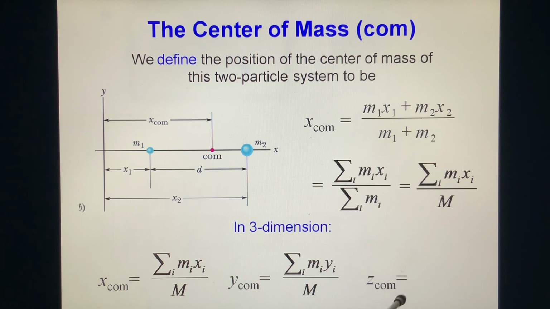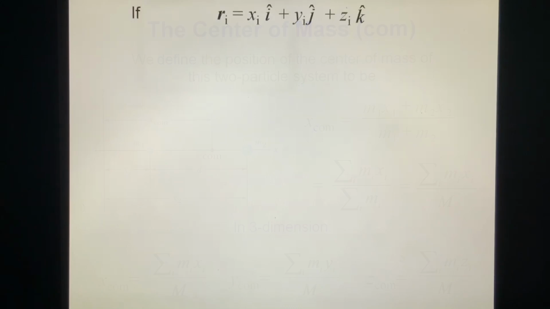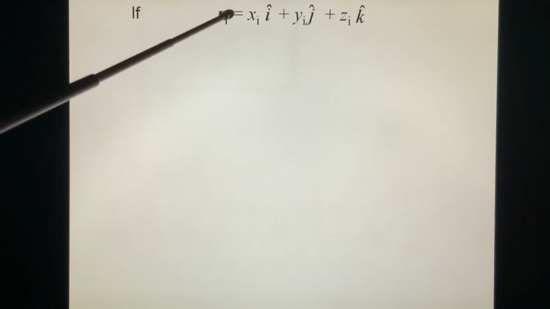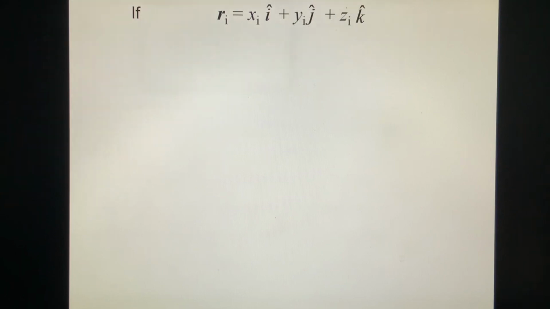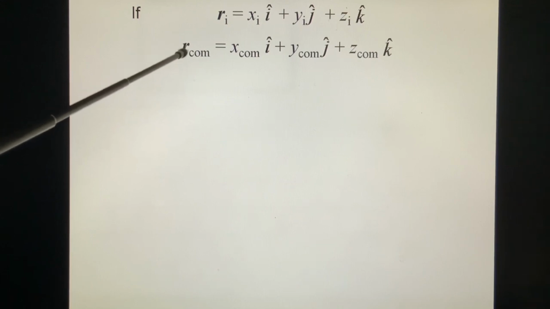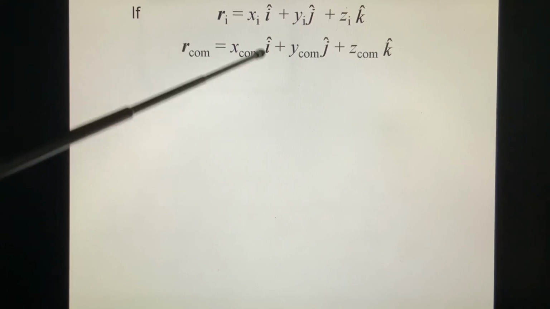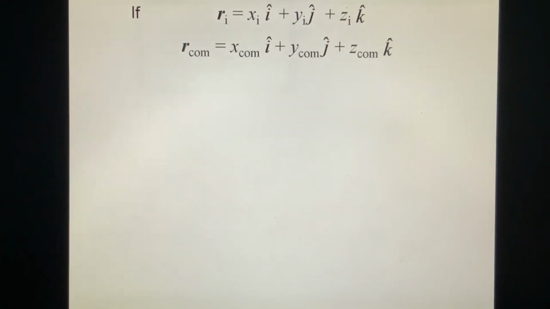Similarly, Z center of mass equals sigma mi zi over M. In a system, the particle number i has location ri, with components xi i, yi j, and zi k, where i can be 1, 2, 3, 4, 5, up to many. And the center of mass location is R. It has three components, x i, y j, z k.